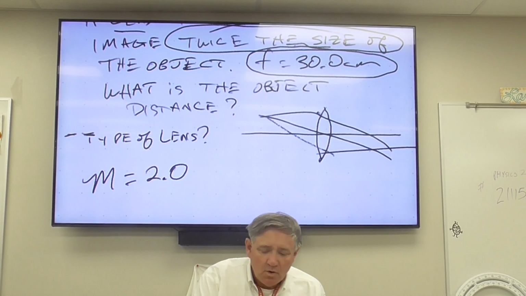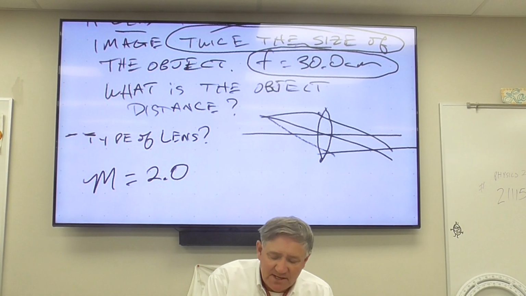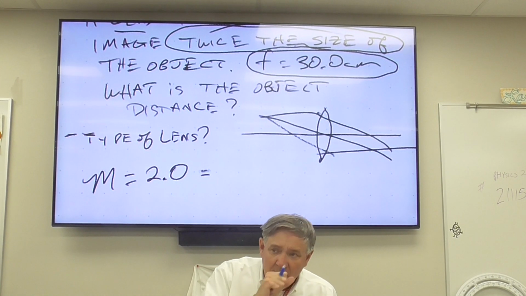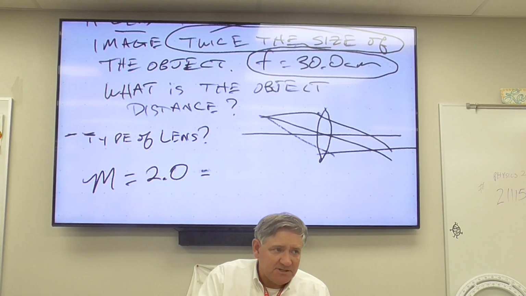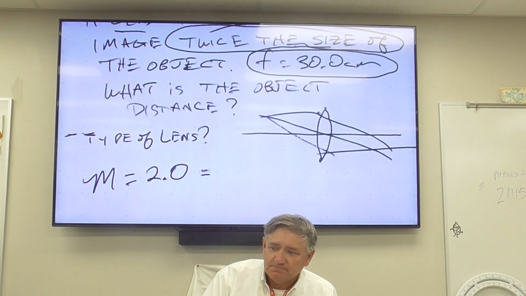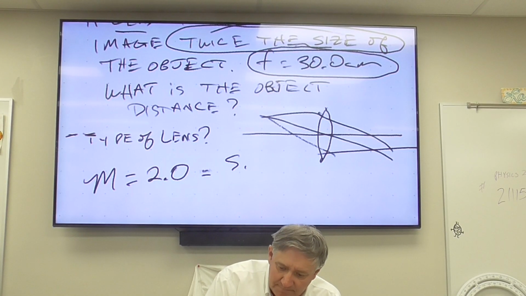But in terms of magnification, what's the ratio of your object and image distance? Is it SO over SI or SI over SO? SI over SO, right?